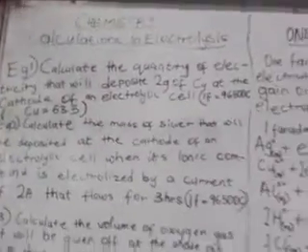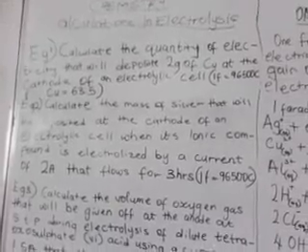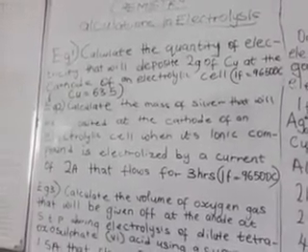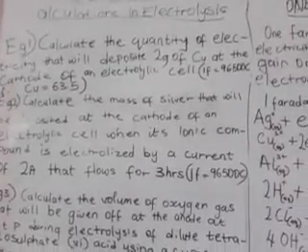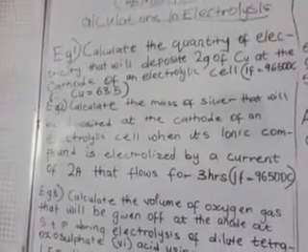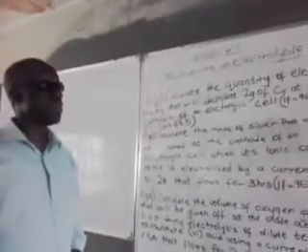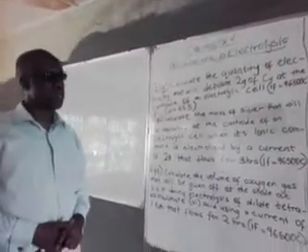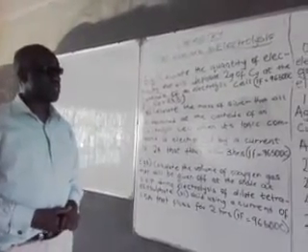Calculate the quantity of electricity that will deposit 2 grams of copper at the cathode of an electrolytic cell. 1 Faraday is equal to 96,500 coulombs, and the molar mass of copper is 63.5 grams per mole.